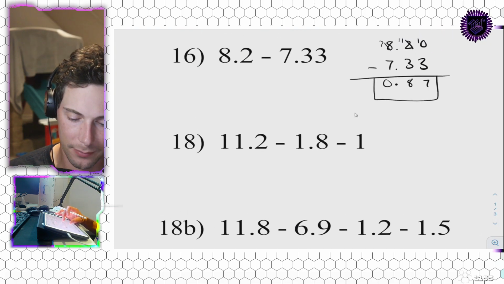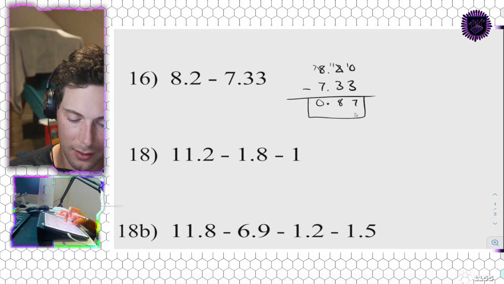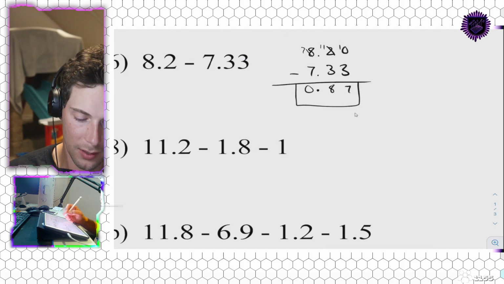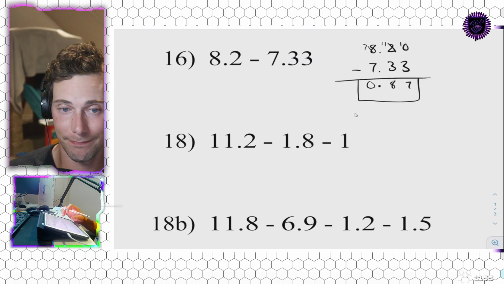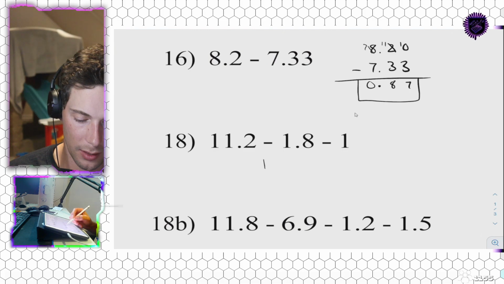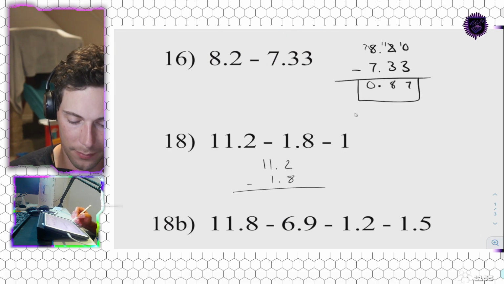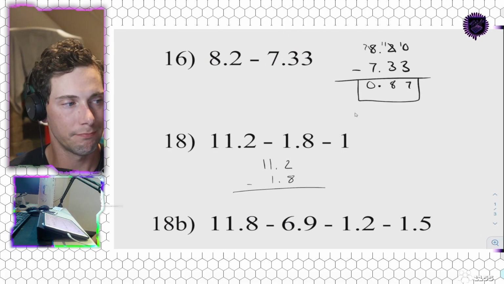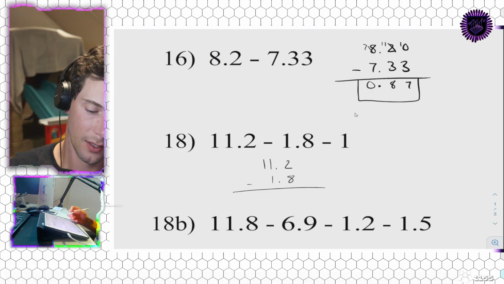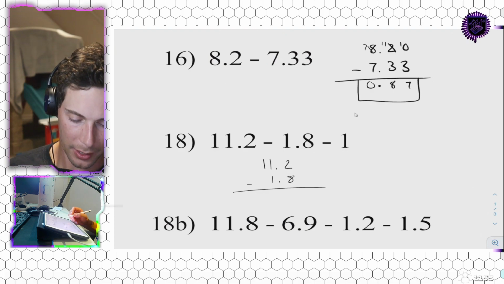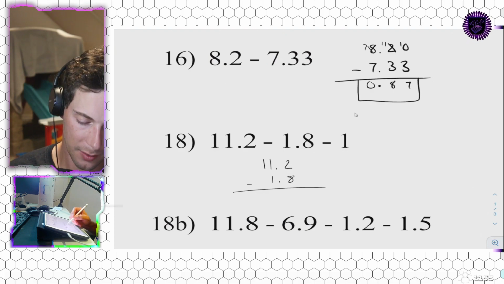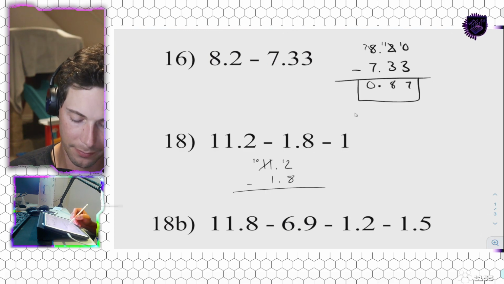All right. Question 18. Again, multi-step. 11.2 minus 1.8. Okay. Let's borrow. This will become 10. That's 12.